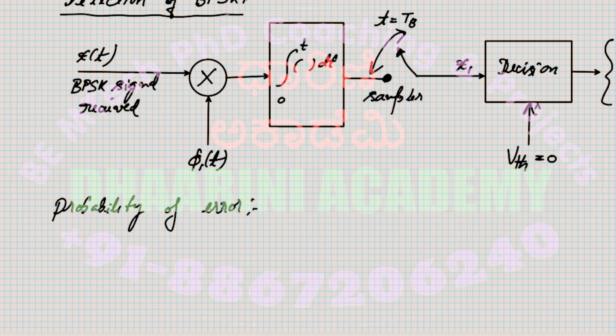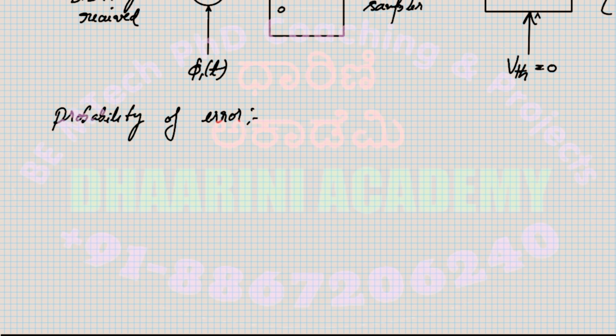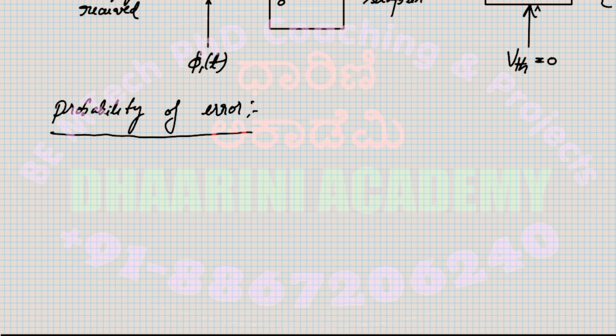Now, let us say we received the signal and the received signal is denoted by x of t. Let us say we initially send 0 as our signal. When you send a 0, what should be the received signal?